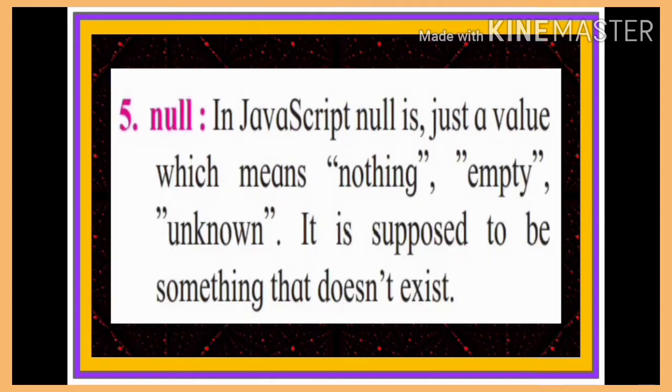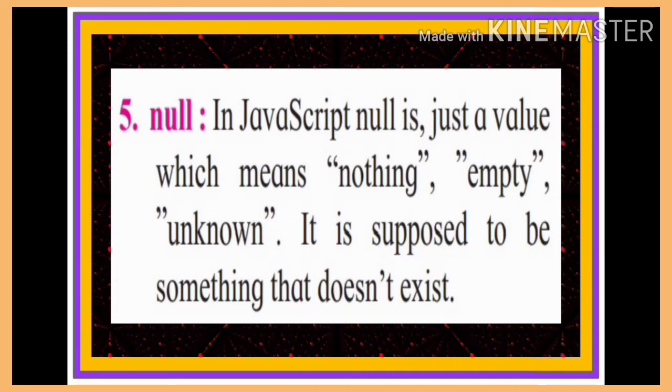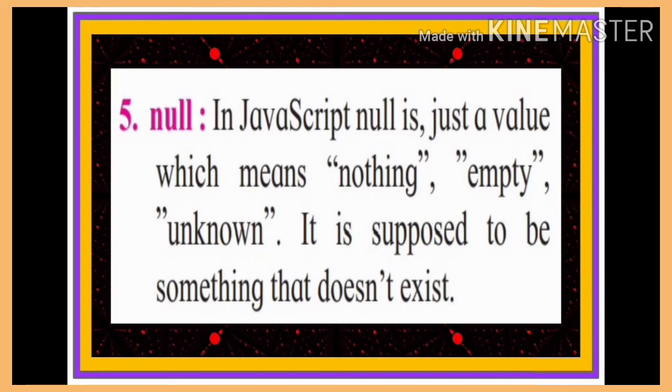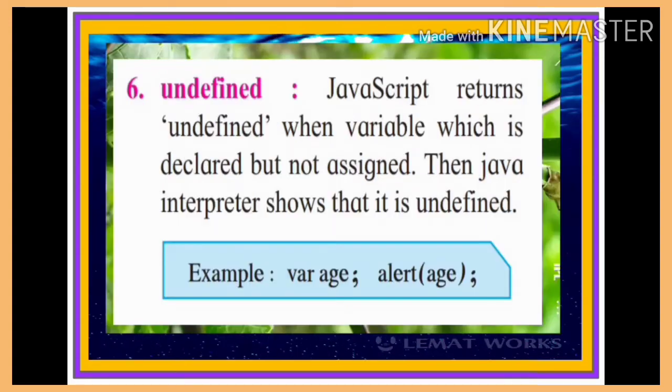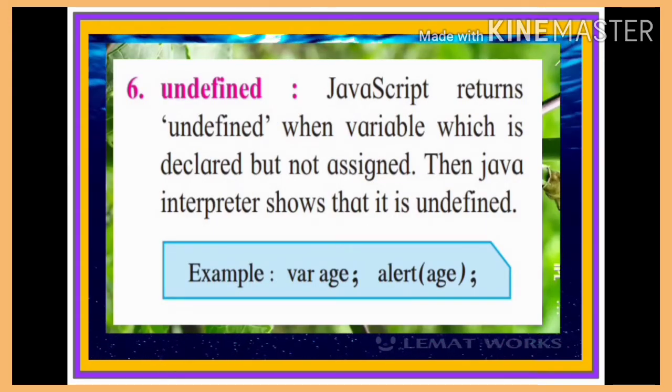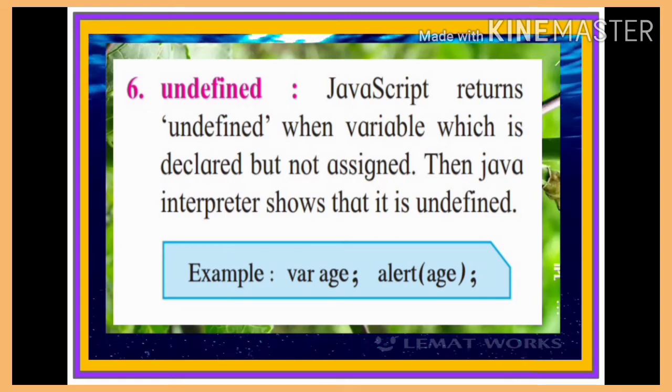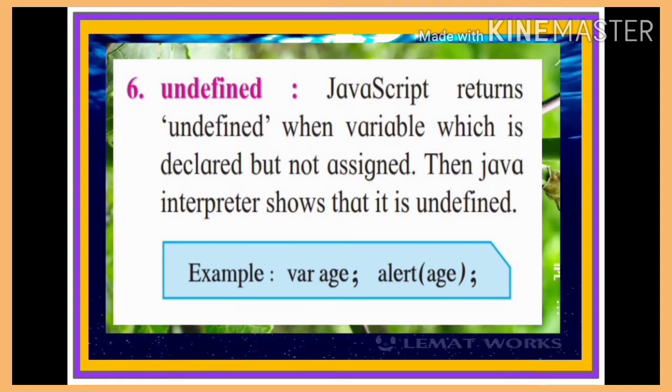Next is the null data type. In JavaScript, null, N-U-L-L, is just a value which means nothing, empty, unknown. It is supposed to be something that doesn't exist. Null means not zero. Null means nothing, empty or unknown, not zero. And the last data type is undefined. JavaScript returns undefined when a variable is declared but not assigned.